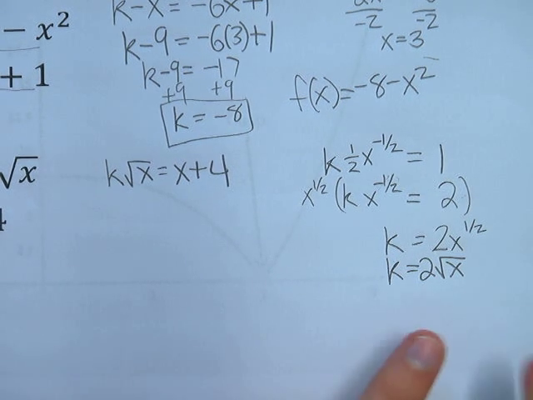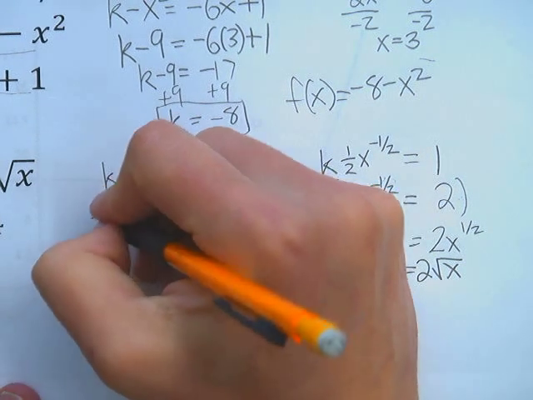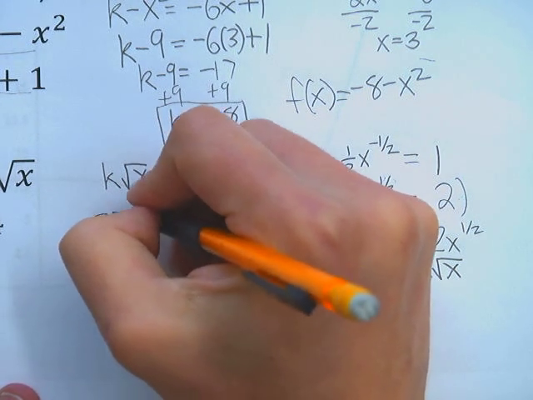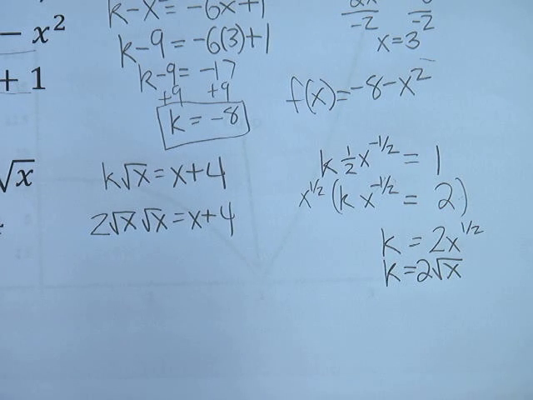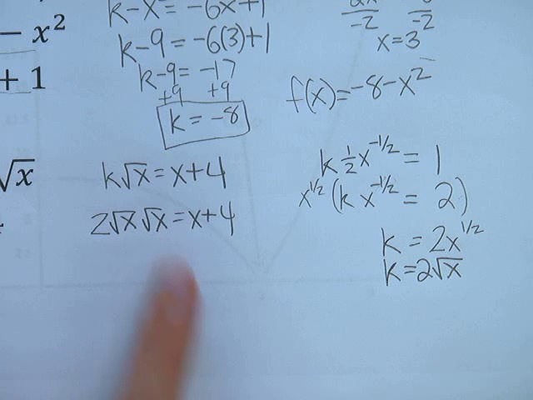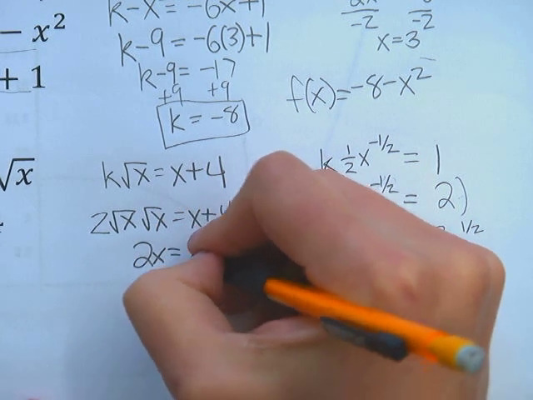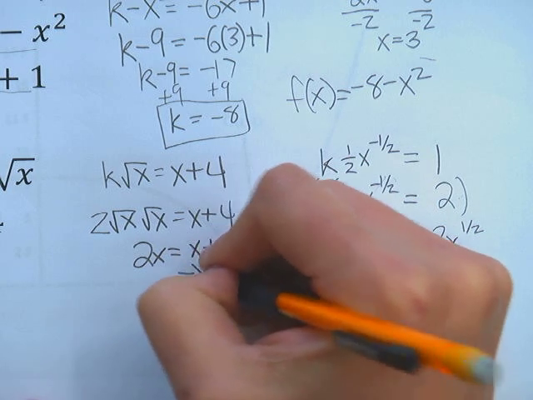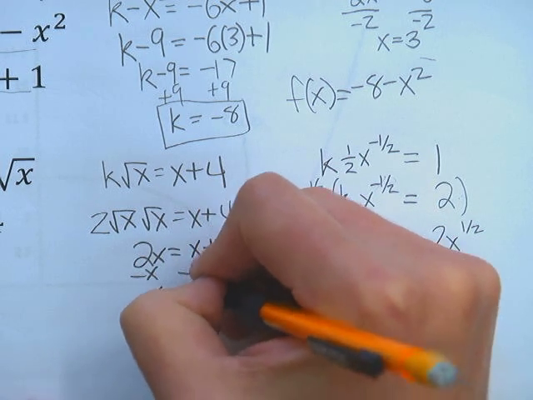Now I can plug this in to my other equation for k, and I get 2 root x times root x equals x plus 4. That's really nice because root x times root x is just x. And so this is 2x is equal to x plus 4. I subtract x from both sides, and I get that x is equal to 4.